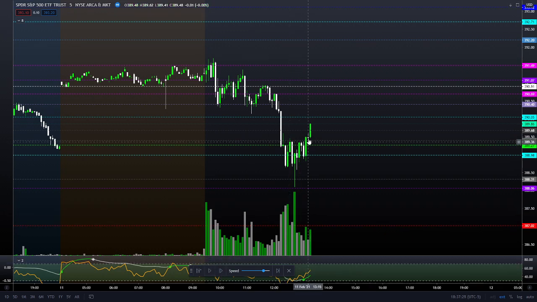And so right here is where I would be getting in on a bounce trade for calls, again, with an ultimate target at 390.69. So, maybe something like a 390 call with it being later in the day. I want to play that a little bit safer, even though we're already pretty close to being at 390. Those contracts shouldn't be too terribly expensive with as much theta as they've burned off so far on this particular day.